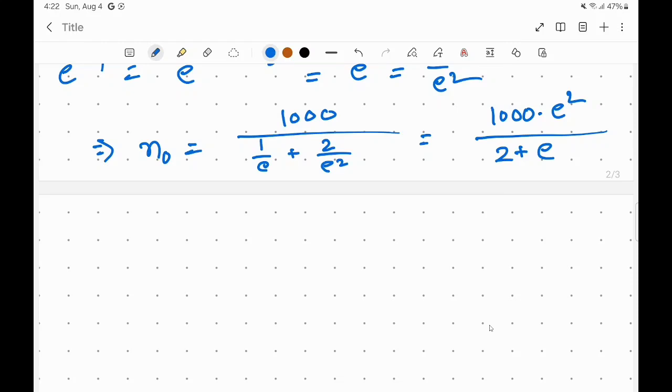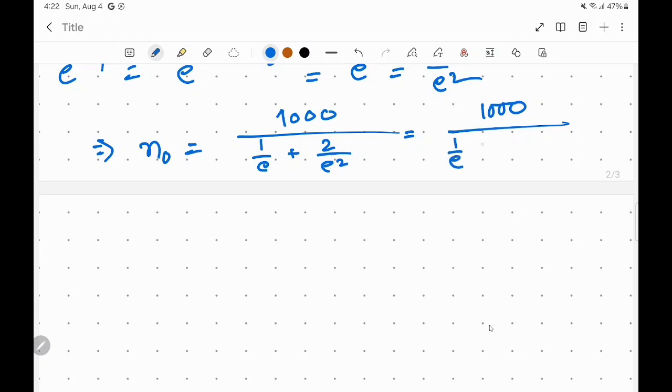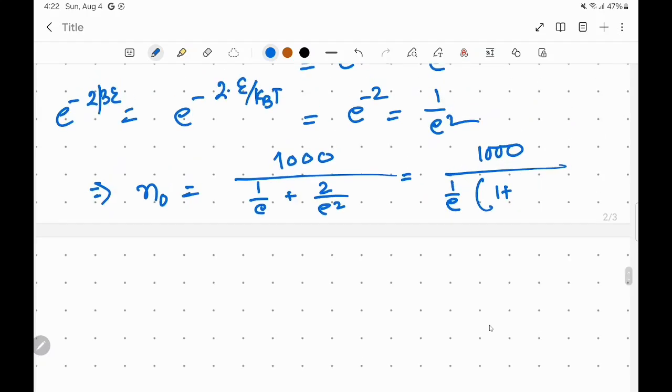So it will be 1566, if I'm not wrong. Let me check it again. You can also check by yourself whether this calculation is correct or not. You can use the value of E in the calculator. Just put the value in the calculator, take 1 by E common first, then it will be easy. Then 2 will be there because here is a 2.